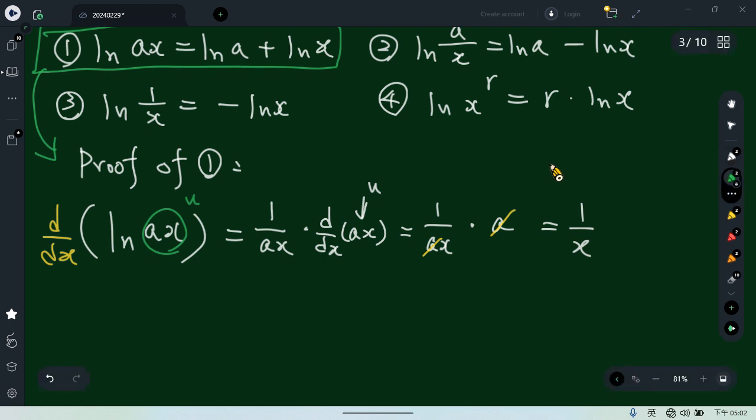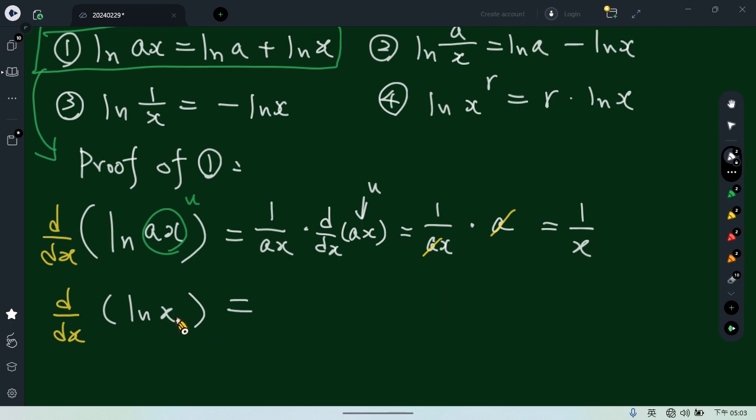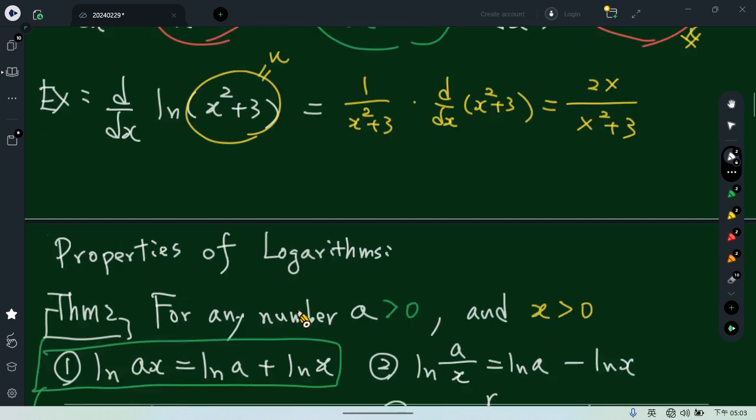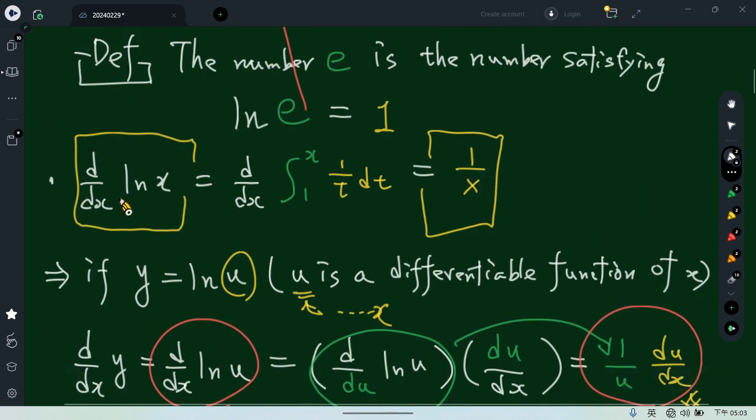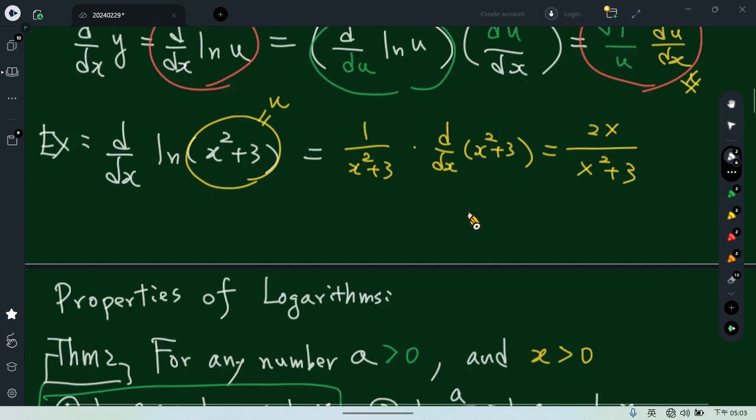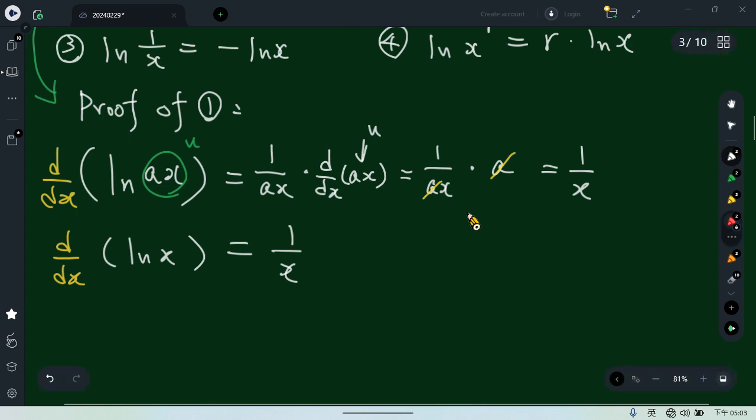Then we also know that when I differentiate ln x, what's the result? 1 over x. Yeah, don't forget, we just follow this, right? When I differentiate ln x, I still get 1 over x. So you can see there are two functions.